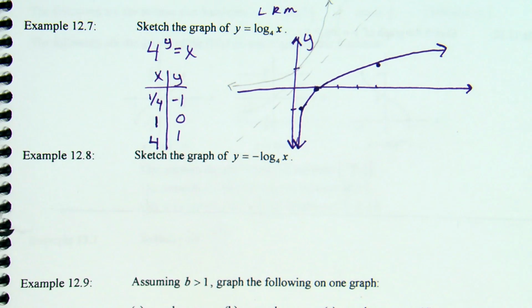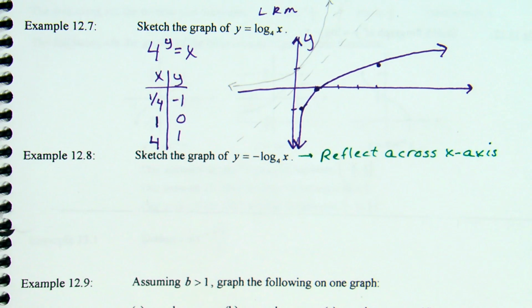Yeah. I remember if the negative is on the x, I reflect across the y. If the negative is just out front of the equation, I reflect across the x. So one way to think about it, at least, is to think about reflecting across the x-axis.